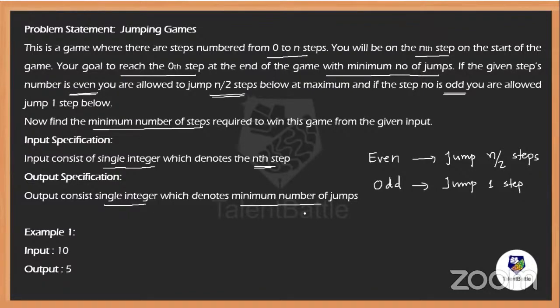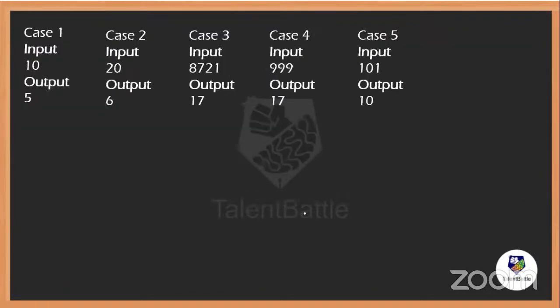Now if we go with the test cases, these are the 5 test cases they have provided. If the input value is 10, this is the n value. The output value should be 5, which is nothing but the minimum jumps. Now, as per the provided data, there are certain steps.